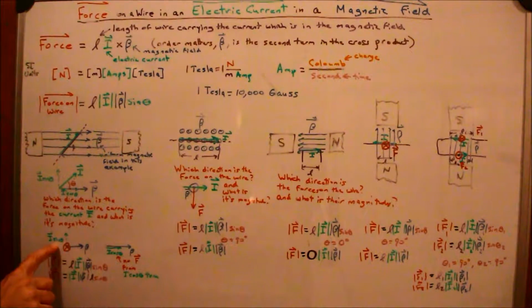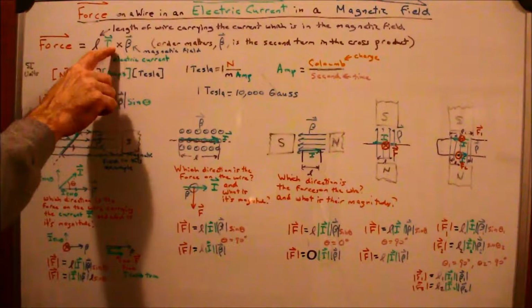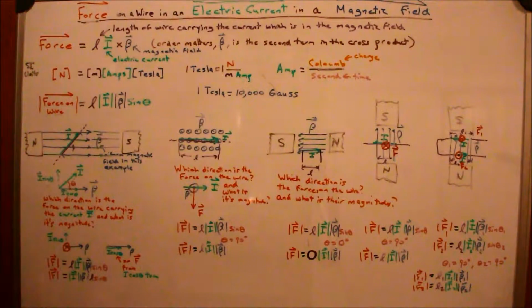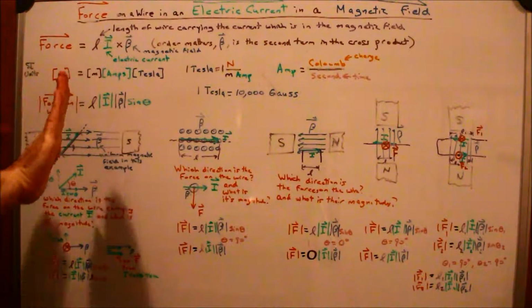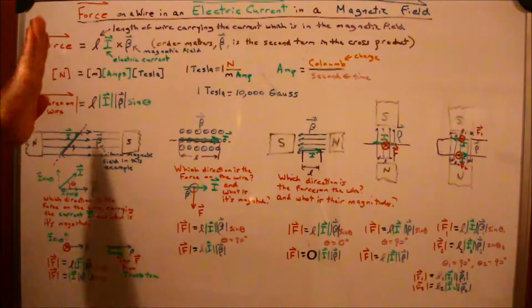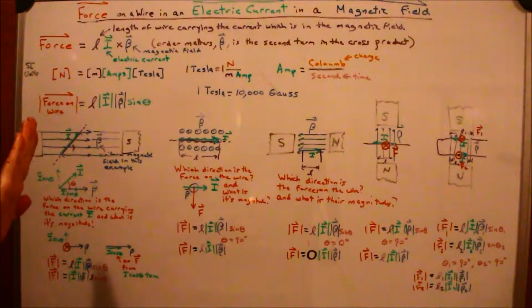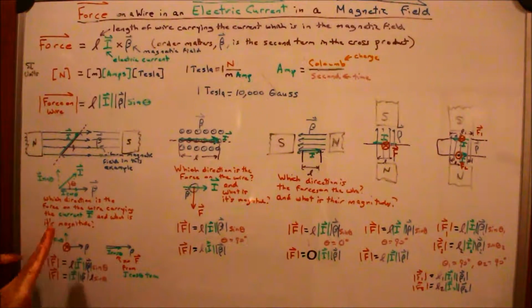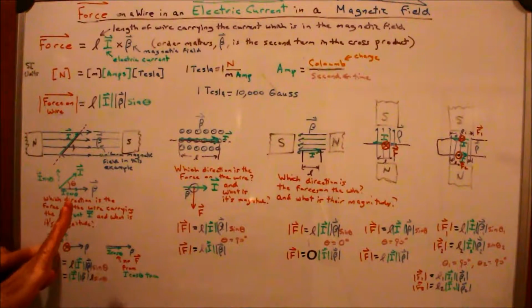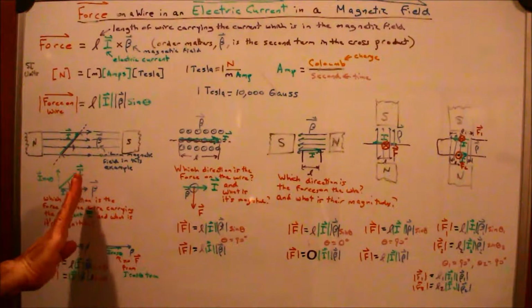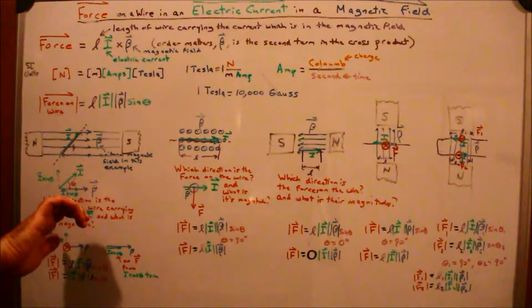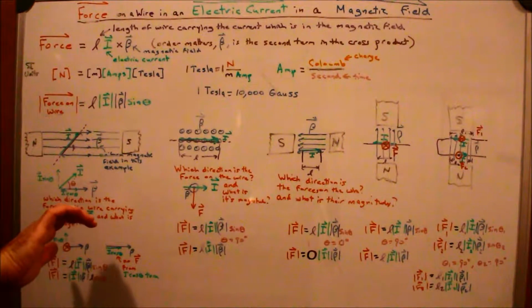So this is I sine theta cross B. The right hand rule, if you recall: point your fingers in the direction of the first term, put your palm towards the direction of the second term, and then roll it like this, and your thumb tells you the direction of the force. The first term is I, the second term is B. So for the I sine theta direction, we point our fingers that direction, then turn our fingers into the second term direction, the B direction.